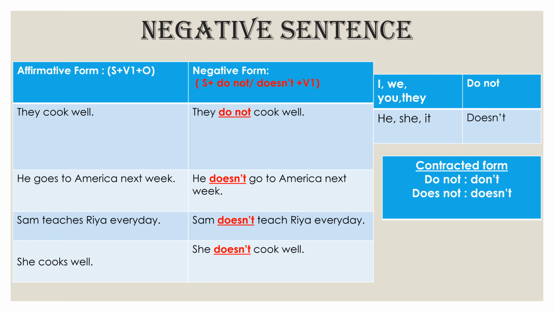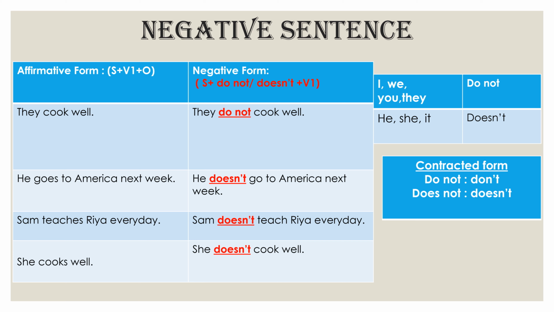We often use short forms in spoken English. Don't is the contracted form of do not, and doesn't is the contracted form of does not. Another important point. For negative and interrogative sentences in simple present tense, the main verb is invariable or unchangeable in base form. Let's take the affirmative sentence.